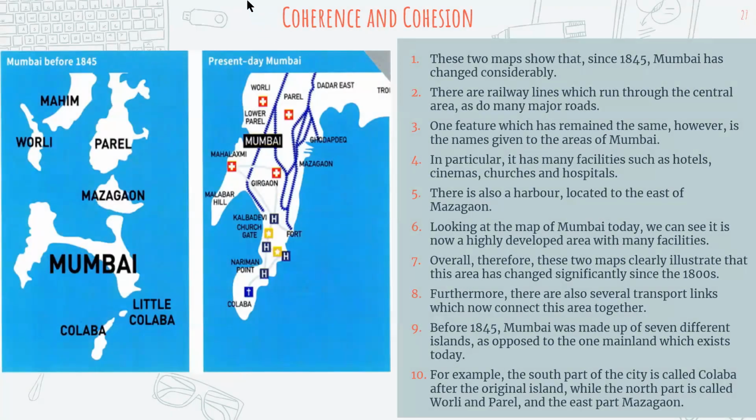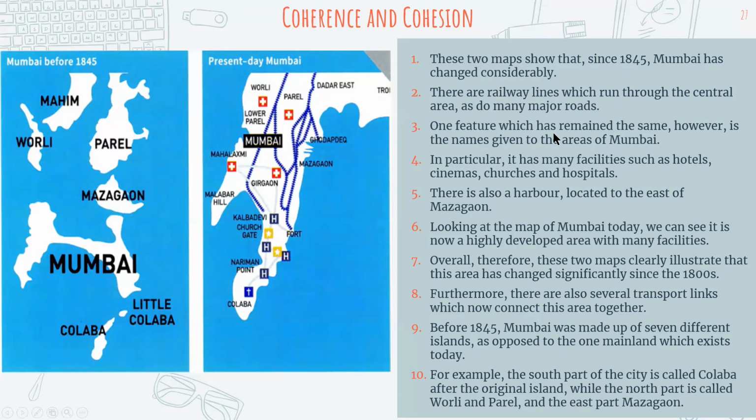Now let's look at another question about Mumbai now and before 1845. We have 10 sentences. Let's read them. These two maps show that since 1845, Mumbai has changed considerably. There are railway lines which run through the central area, as do many major roads.